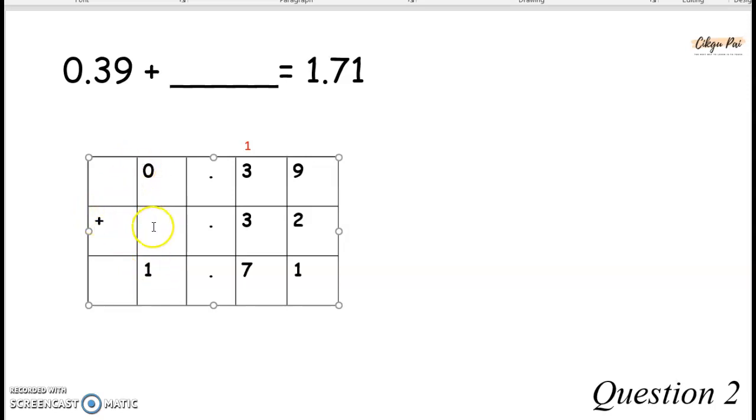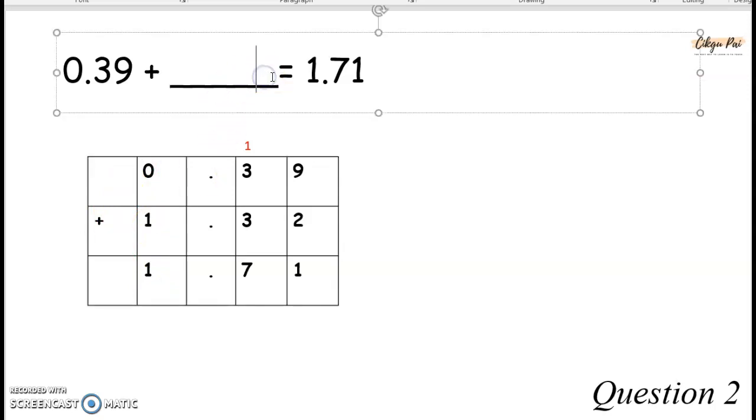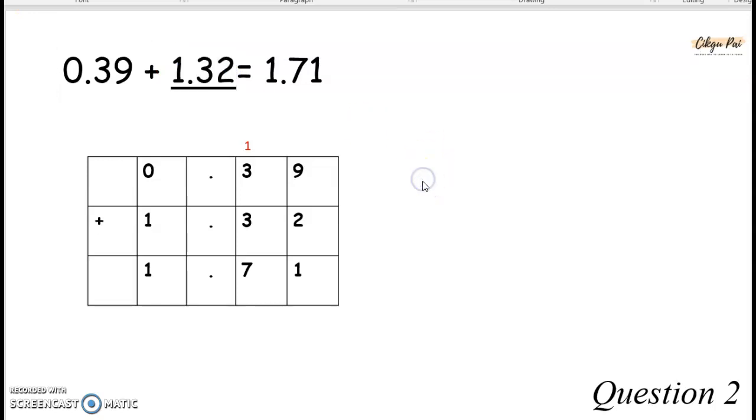So 0 plus 1. So the answer that you need to write at this unknown is 1.32. I will try to underline. So that is question 2.